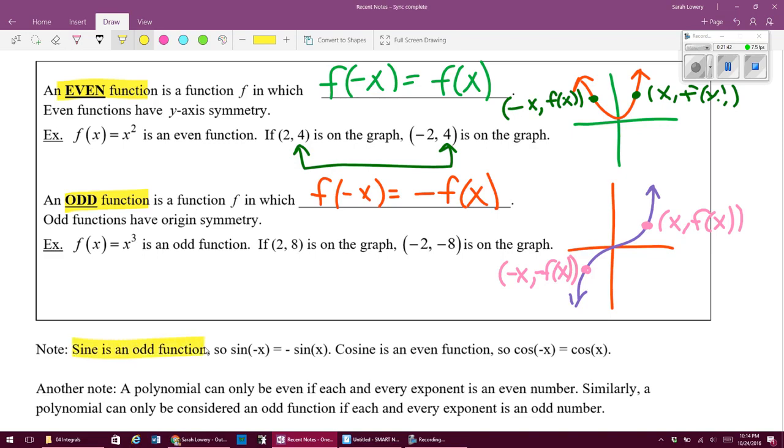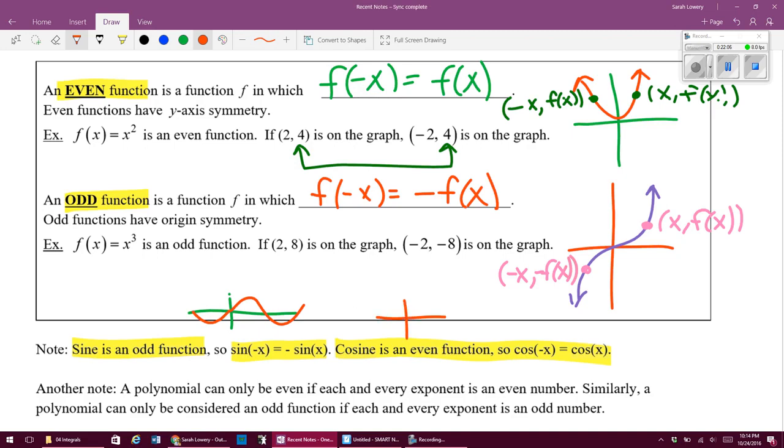Okay? Now, some things that you should know. Sine is an odd function. If I plug in negative x, it is equivalent to the negative y value. But cosine is an even function. And this should make sense to you if you think about the graphical pieces. So my sine graph looks like that. It is an odd function.